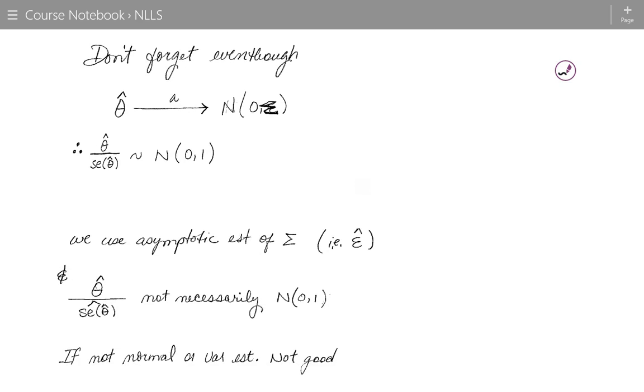We have our theta hat converging to a particular distribution that's normal and has a covariance matrix. I'm just going to call it sigma. At which point we have that the sigma hat divided by the standard error of sigma hat is a normal 0, 1.